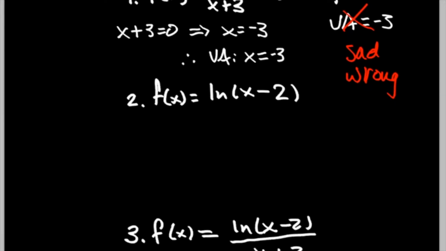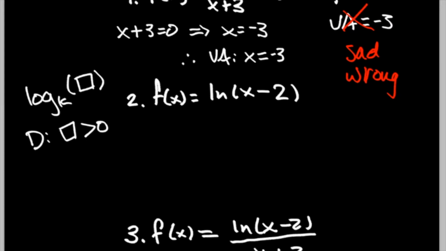Alright, for logs. So log of anything, remember, log base k, where k is any possible base. In order for that to exist, the domain is where the box is greater than 0. So there's going to be a vertical asymptote when the box equals 0.